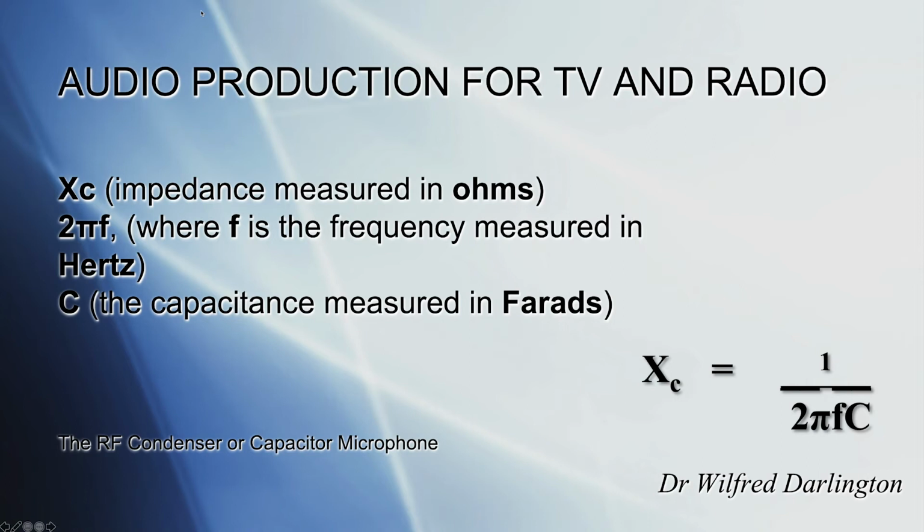And the formula which puts these characteristics together is XC equals 1 over 2 pi fc. Now, you don't need to be an arithmetical genius to note this. It can be seen that as the frequency rises, the impedance falls, and it falls massively if the frequency is megahertz rather than kilohertz.